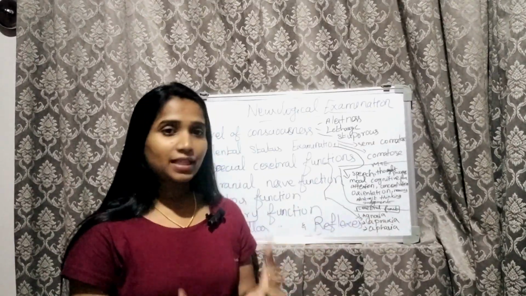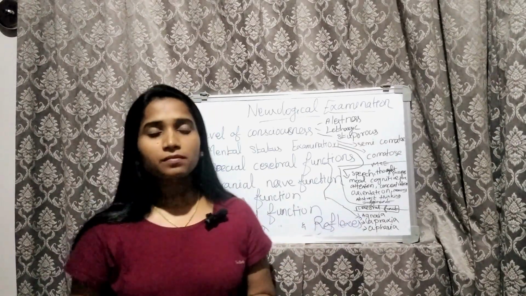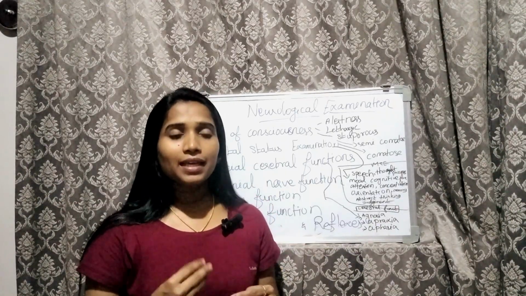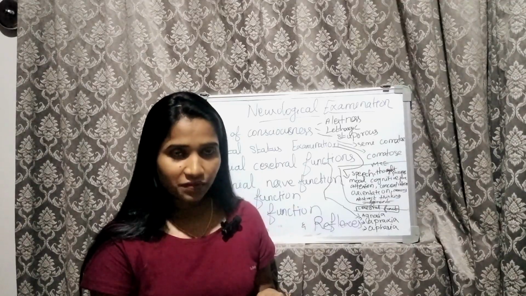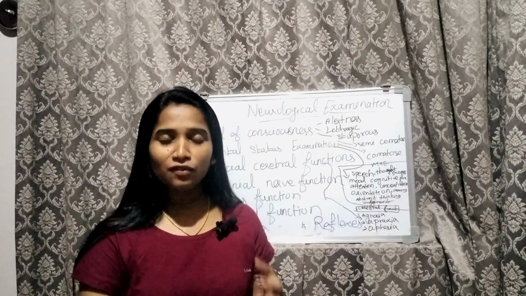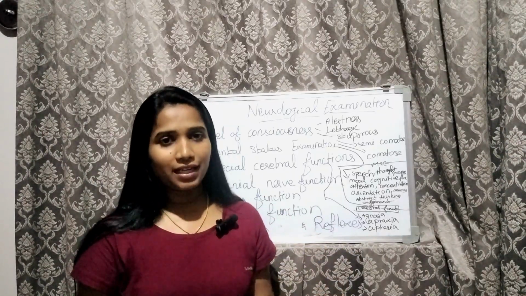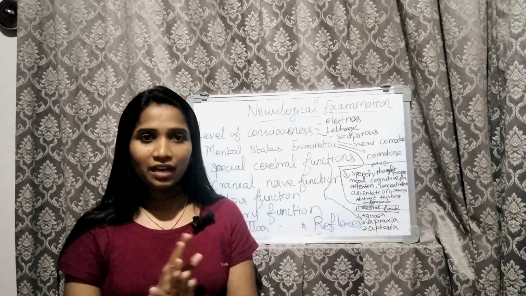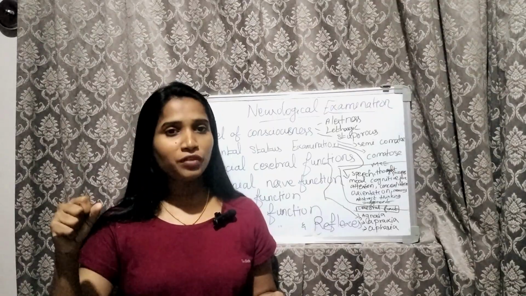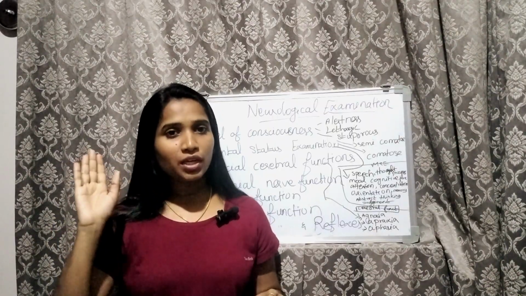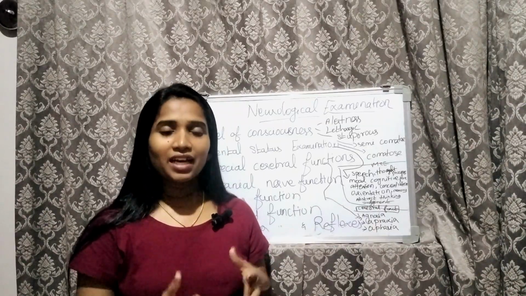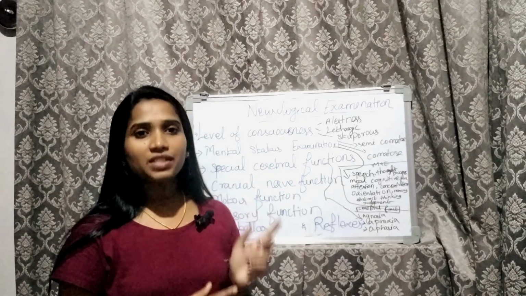Next one is apraxia. I'll give some examples. Apraxia means they cannot do a skillful activity without paralysis, which means the person doesn't have any paralysis. Even if you command them, move your leg, raise your hands, they couldn't do it because they are having a cerebral deficit.